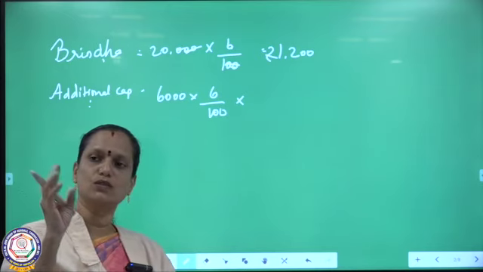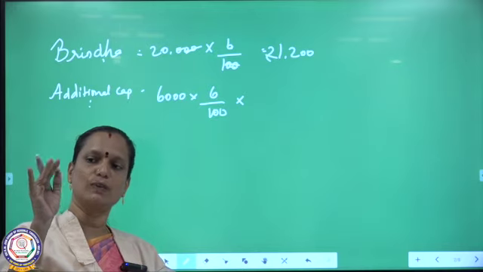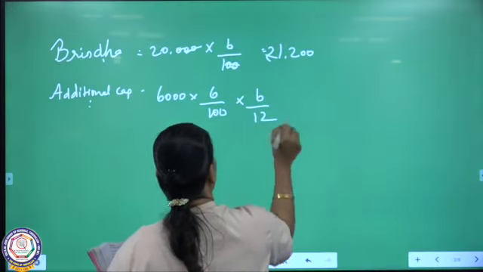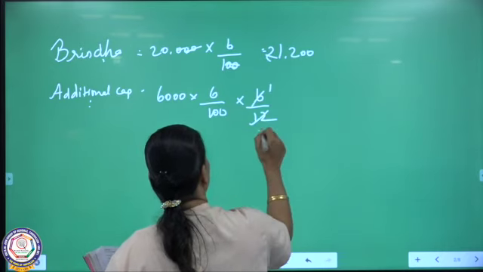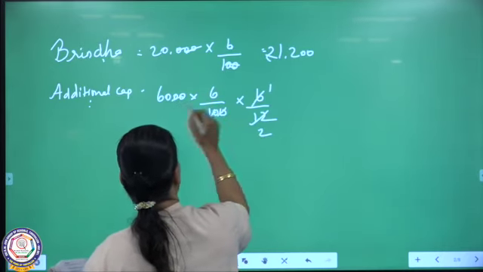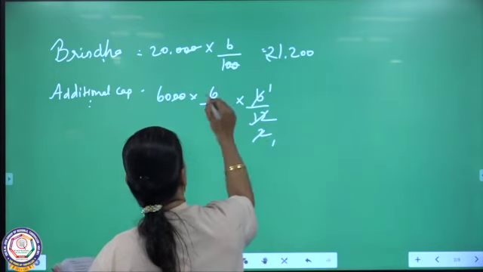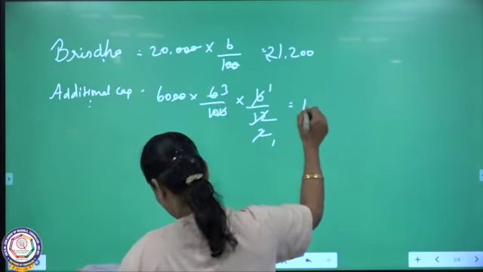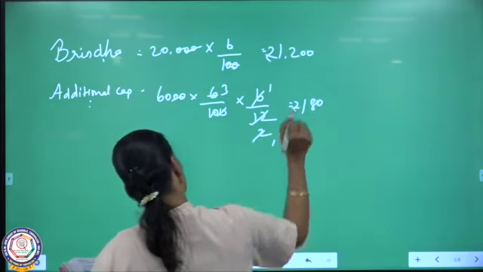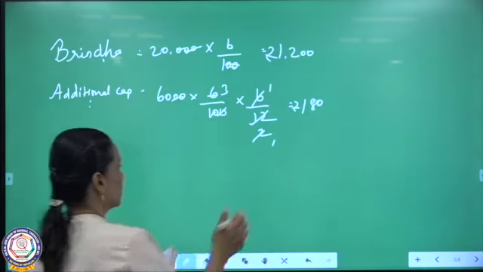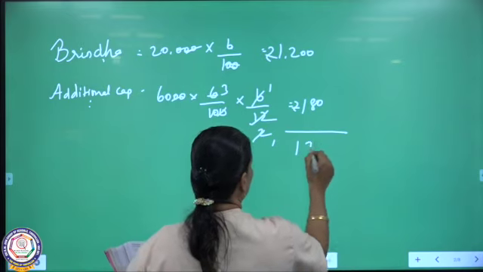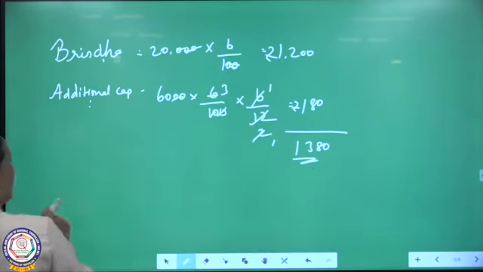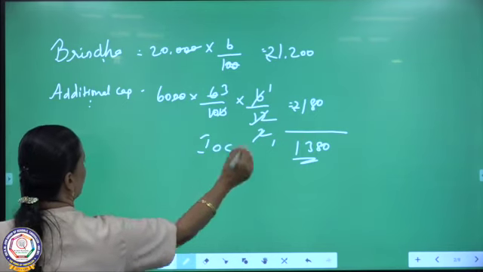So, July in the sense July, August, September, October, November, December, 6 months we have to calculate, okay. 6/12. Okay, 180. So, totally 1,380 rupees, okay, interest on capital, okay.